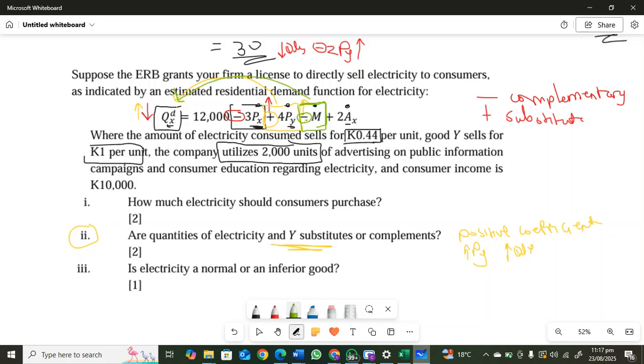Because of this minus sign, it means if people's income goes up, they stop buying good X. They start buying another good. So quantity demanded goes down. This tells us we're dealing with an inferior good.